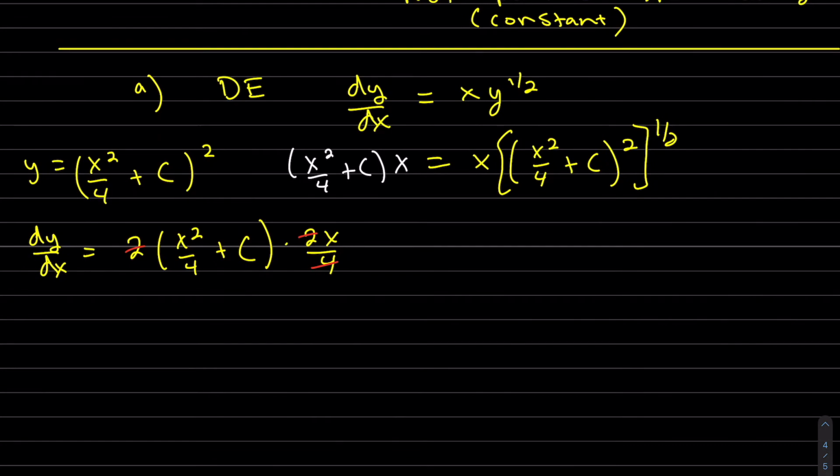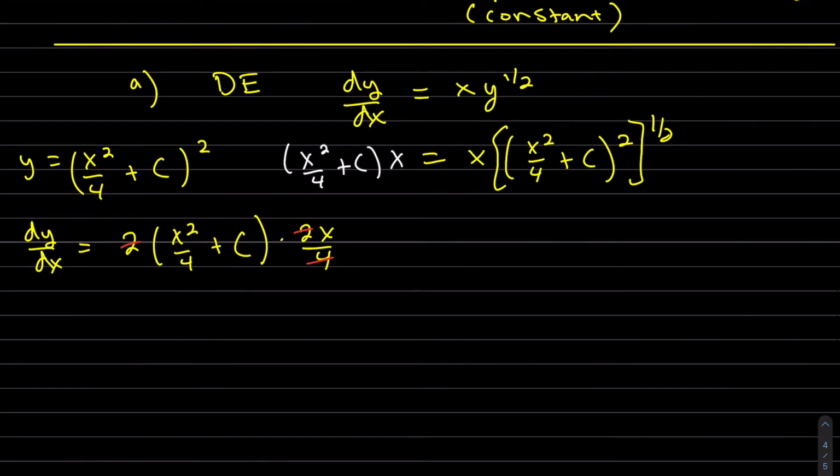And now simplify this on the right. So over on the left, we can just keep it that way. Maybe put the x first. And on the right, the x is there. We have power to power, which they cancel out because you multiply 2 times 1/2.